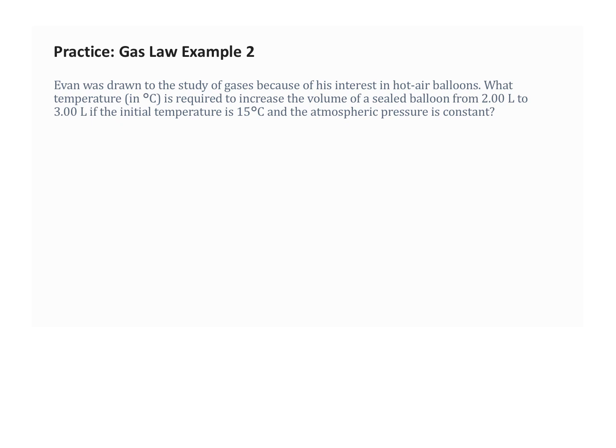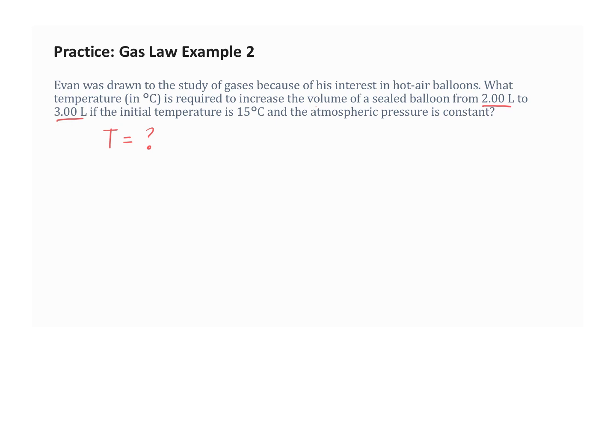So when we look at this, it says, what temperature in degrees Celsius is required to increase the volume? So it's asking us for the temperature, right? And it's saying, hey, we want to increase the volume from 2 liters to 3 liters, okay? If the initial temperature is 15 degrees Celsius and the atmospheric pressure is constant.